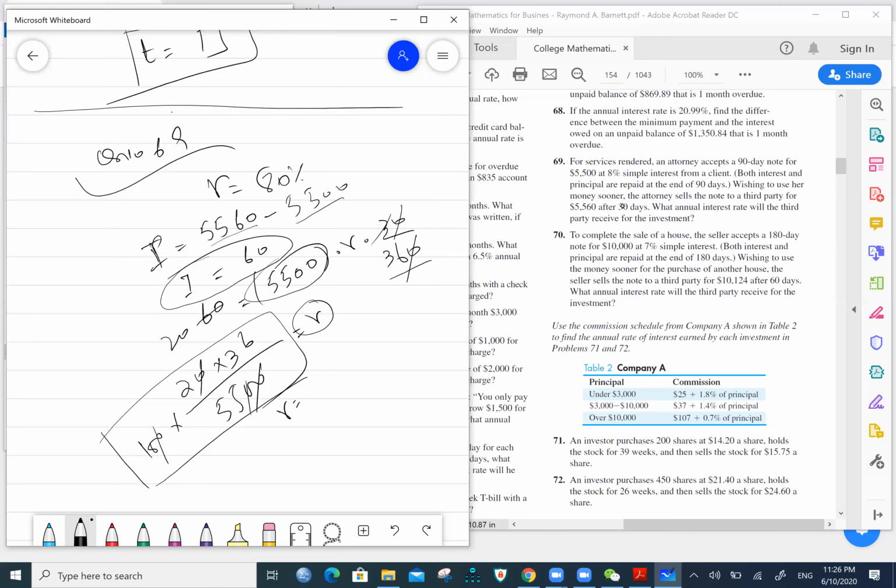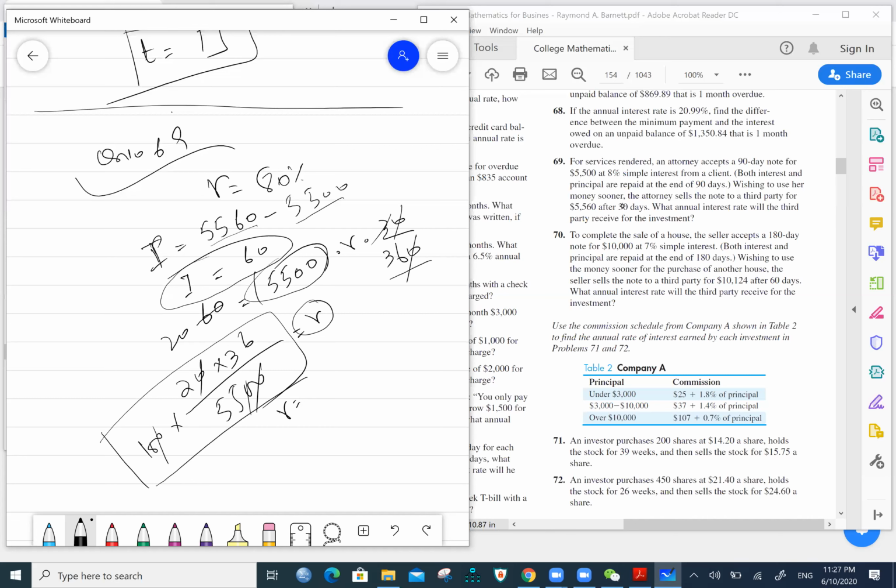How do we know that it's 30 over 360? Is it because it says annual?